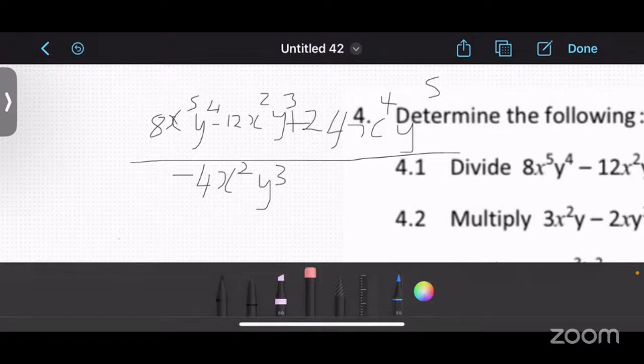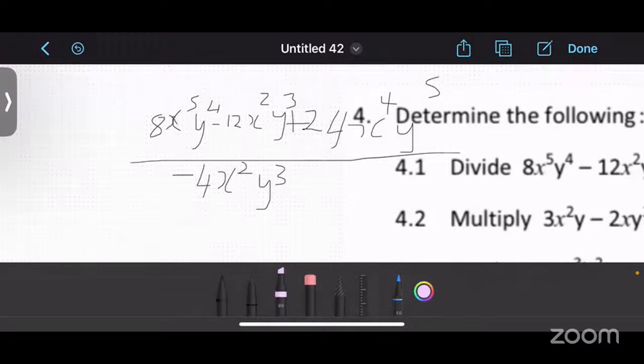So basically I said 2x to the power of 5, y to the power of 4, minus 3x squared, y to the power of 3, plus 6x to the power of 4, y to the power of 5, over x squared, y to the power of 3.